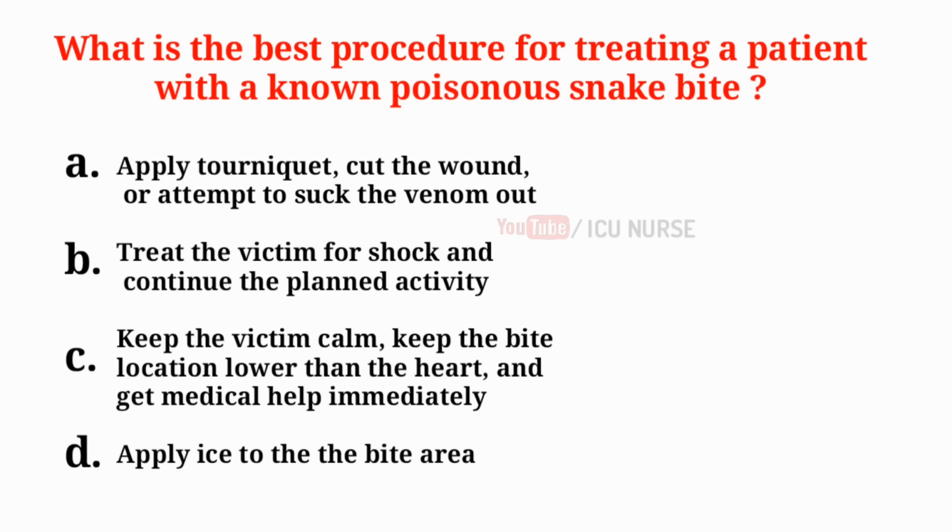What is the best procedure for treating a patient with a known poisonous snake bite? A. Apply tourniquet, cut the wound or attempt to suck the venom out. B. Treat the victim for shock and continue the planned activity.